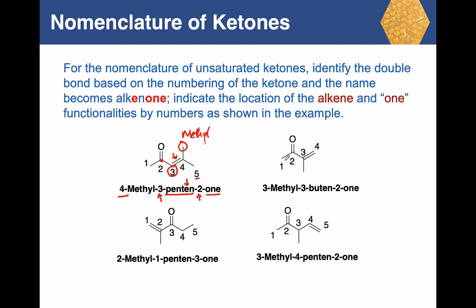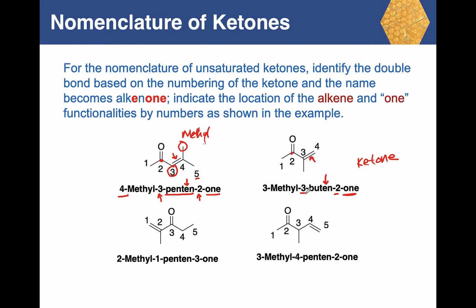Here's another example. It's a ketone. The carbon-oxygen double bond is on carbon number 2. There are 4 carbons in that longest chain, so it becomes a 2-one. Notice this -one here is to represent the ketone. And of course here is a double bond on carbon number 3, and here is the E to represent that double bond.